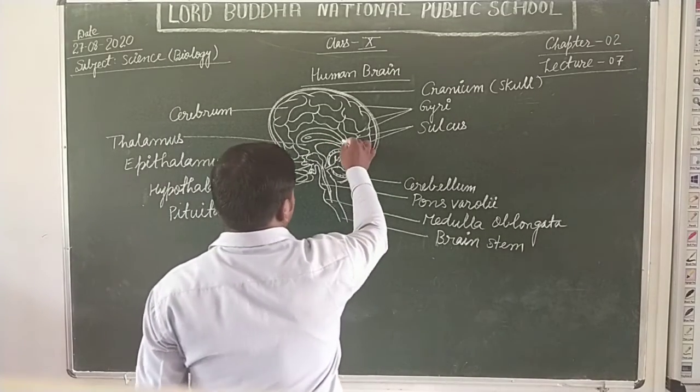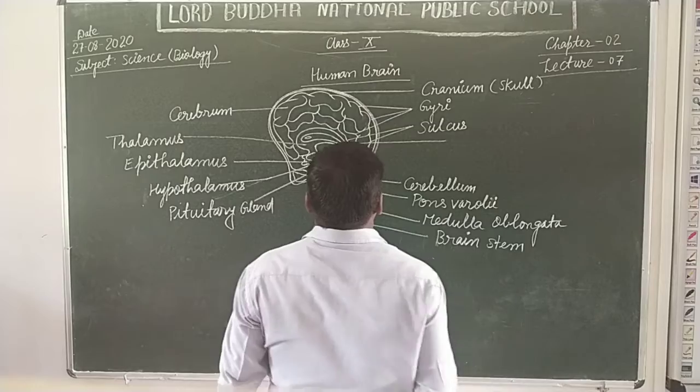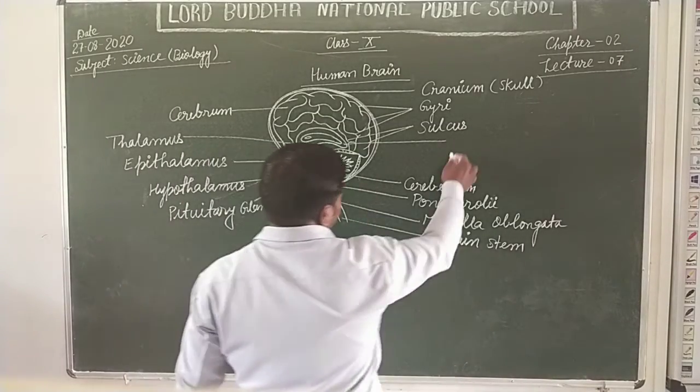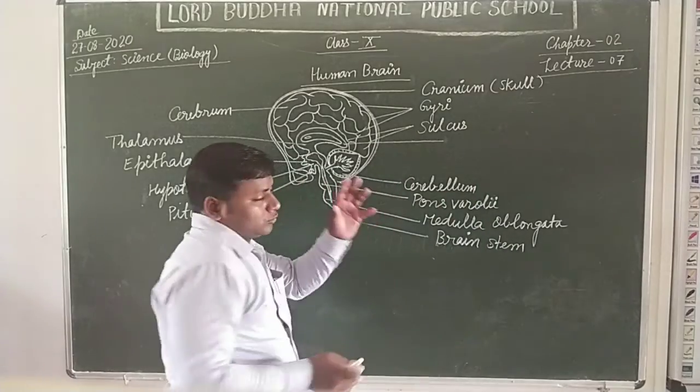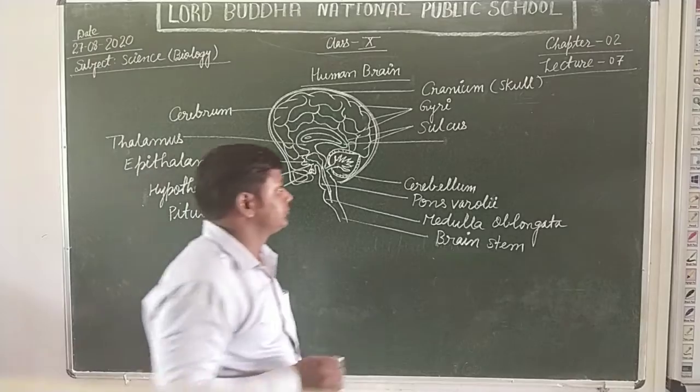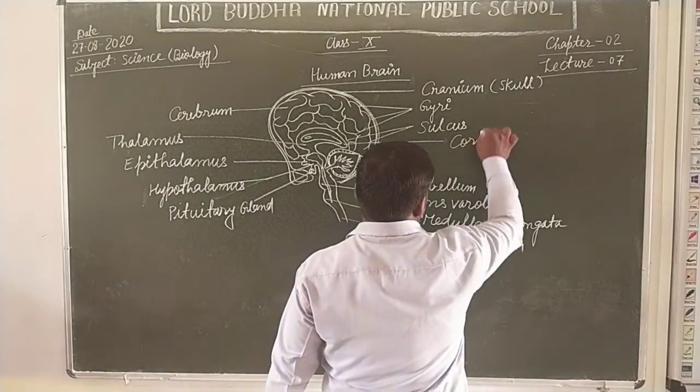And this is the corpus callosum, which longitudinally differentiates both halves of the cerebral hemisphere. This is the corpus callosum.